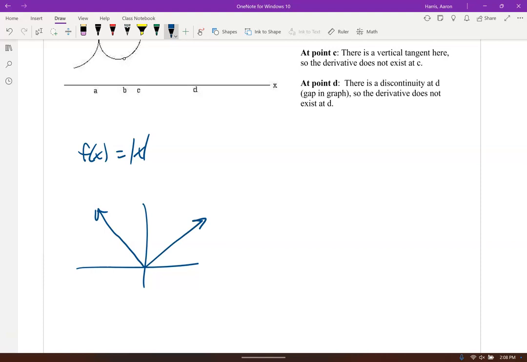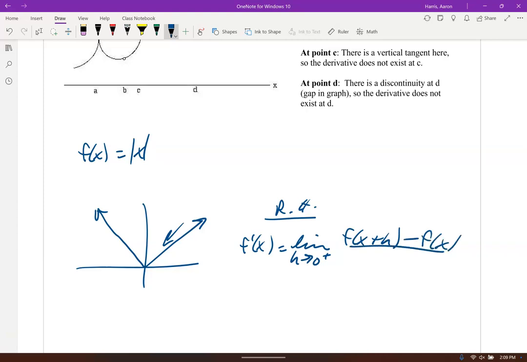If you were to find the derivative from the right-hand side, the limit as h approaches 0 from the right, you're using just x for the absolute value of x, because y equals x whenever x is greater than or equal to 0.